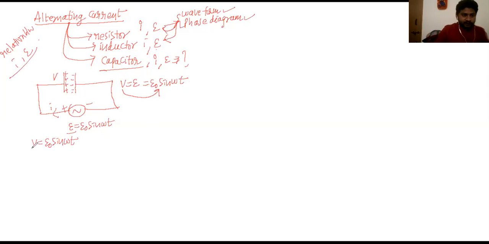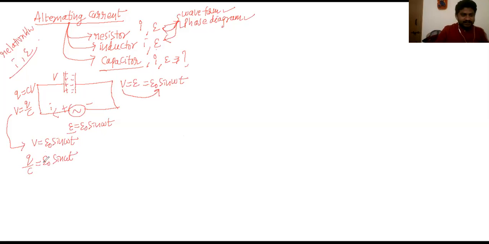What is this V here? For a capacitor, we know Q is equal to CV, so V is equal to Q by C. Applying this, V is equal to Q by C, which is equal to E naught sine omega t.